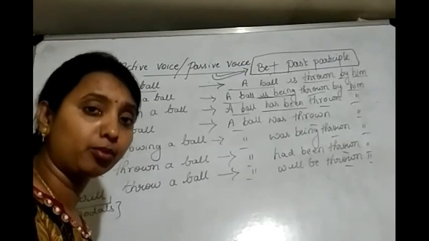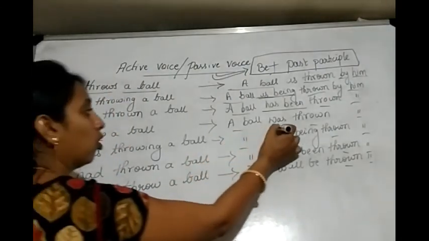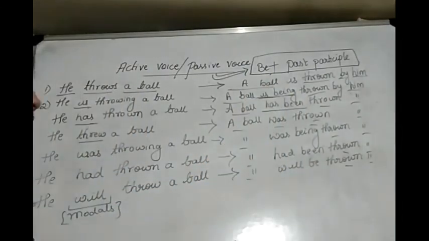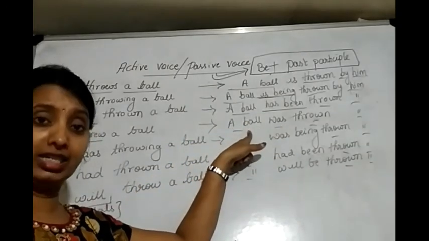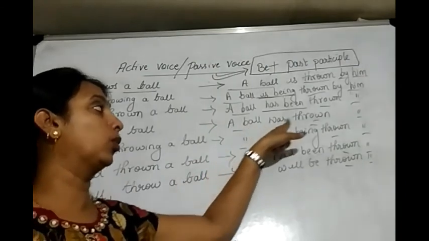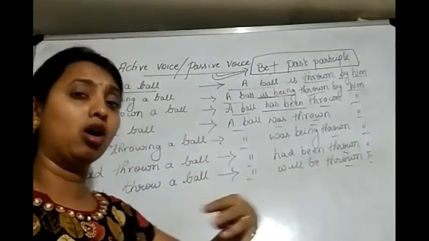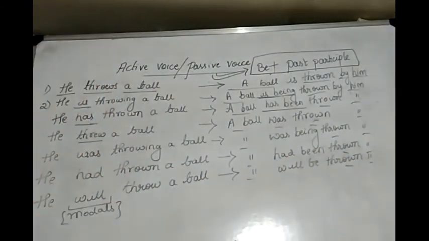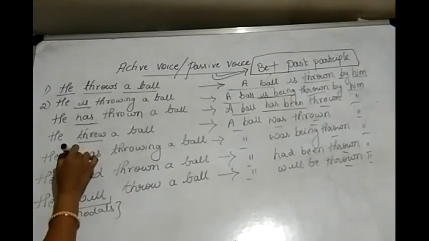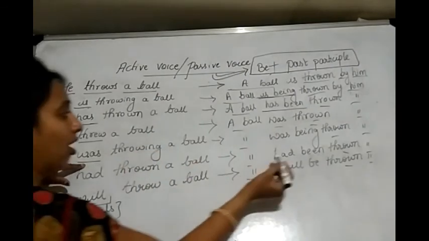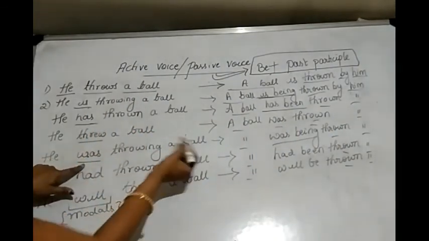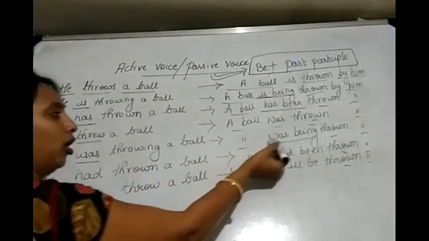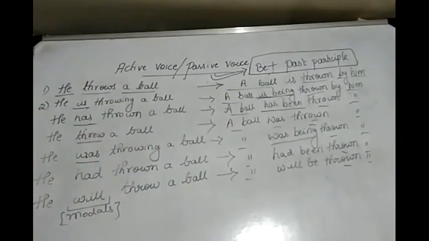So, he threw a ball becomes a ball was thrown by him. If balls are there, then balls were thrown by him. So, was and were are for did forms. If we have was in a sentence, then was being has to be used. So, he was throwing a ball becomes a ball was being thrown by him.